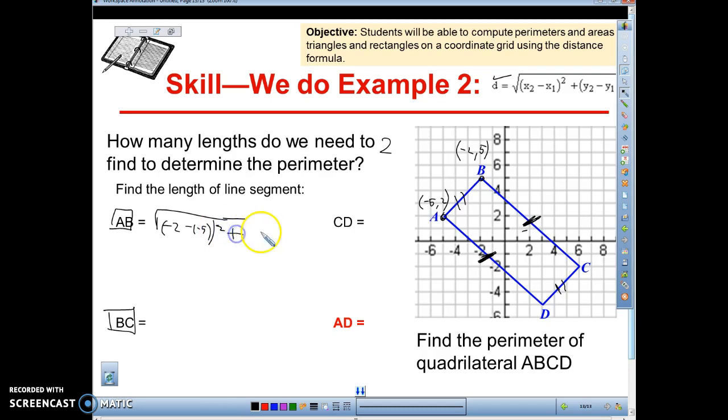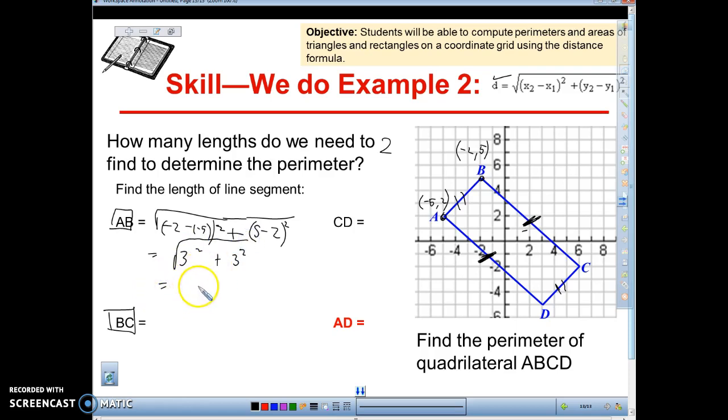Then I'm going to add it to the difference in my y values, which is 5 minus 2 squared. Okay, so this gives me -2 take away a -5 would be a positive 3 squared, and 5 minus 2 is 3 squared.